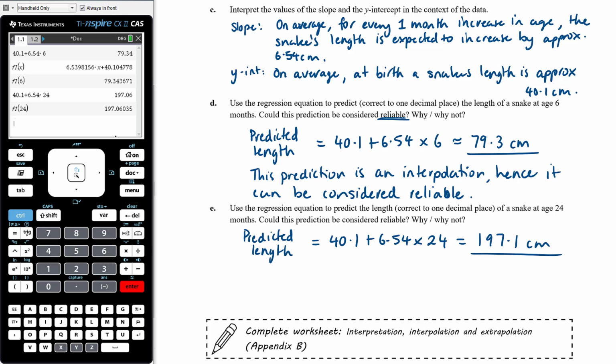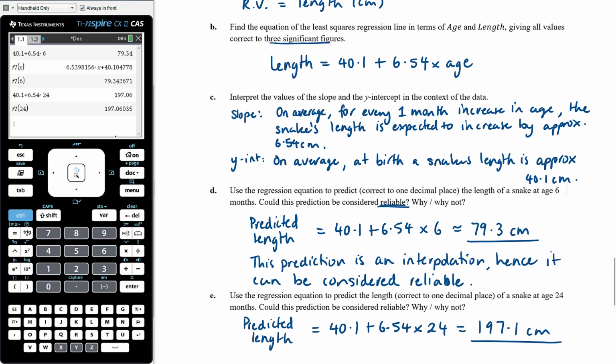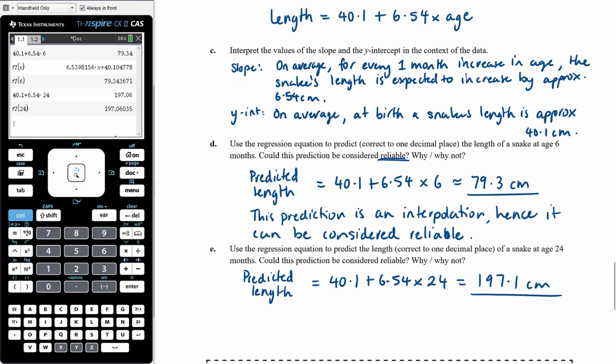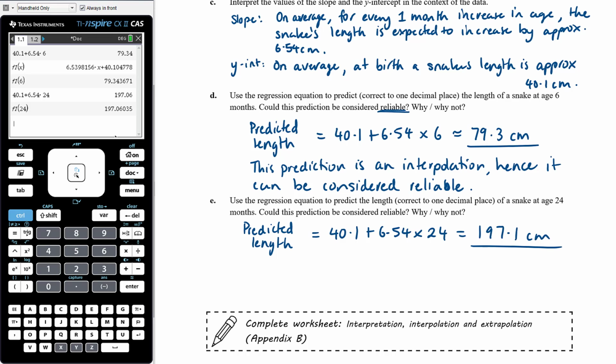Why or why not? Okay, now predicting at 24 months, the data set goes from 1 month to 18 months. So 24 months is an extrapolation, and so therefore we would need to be careful about the reliability of this prediction. Okay, so this prediction may not be reliable because it is a result of extrapolation.